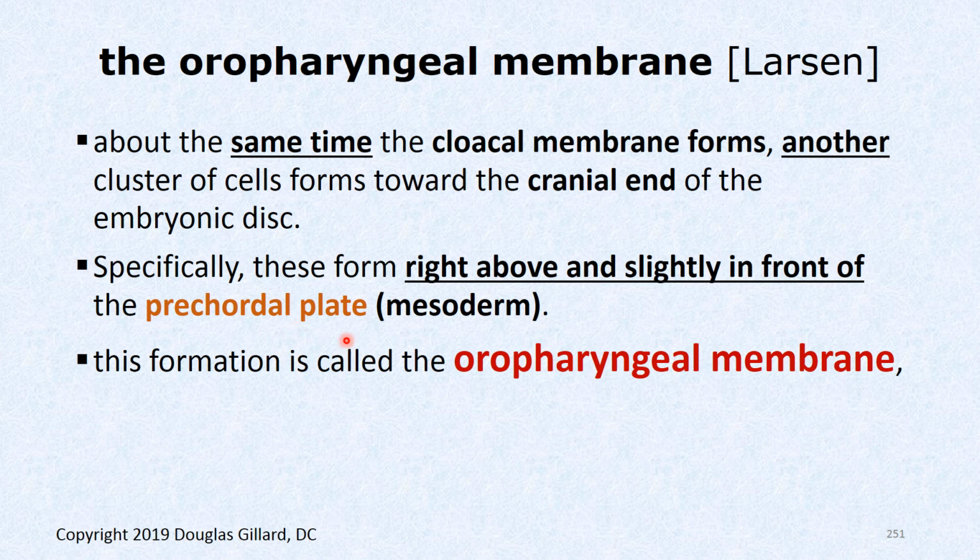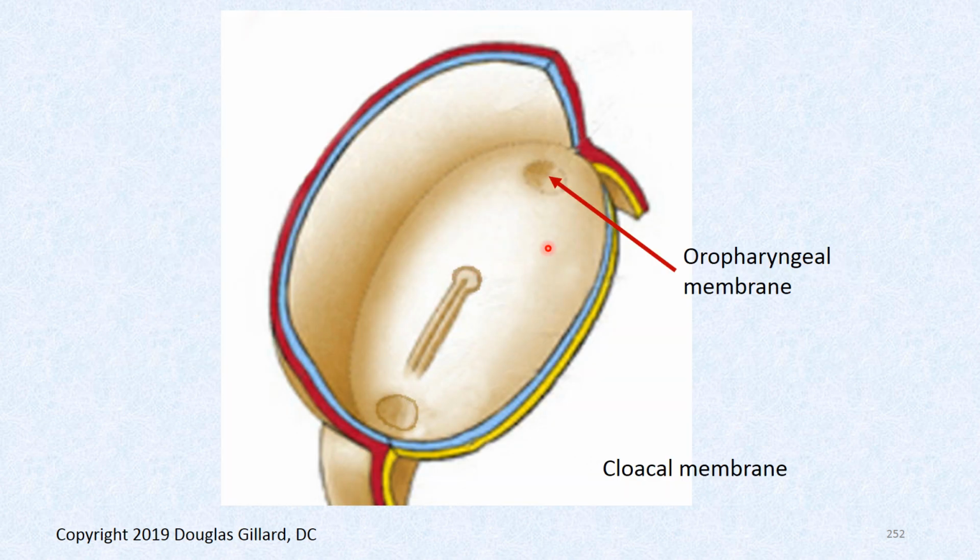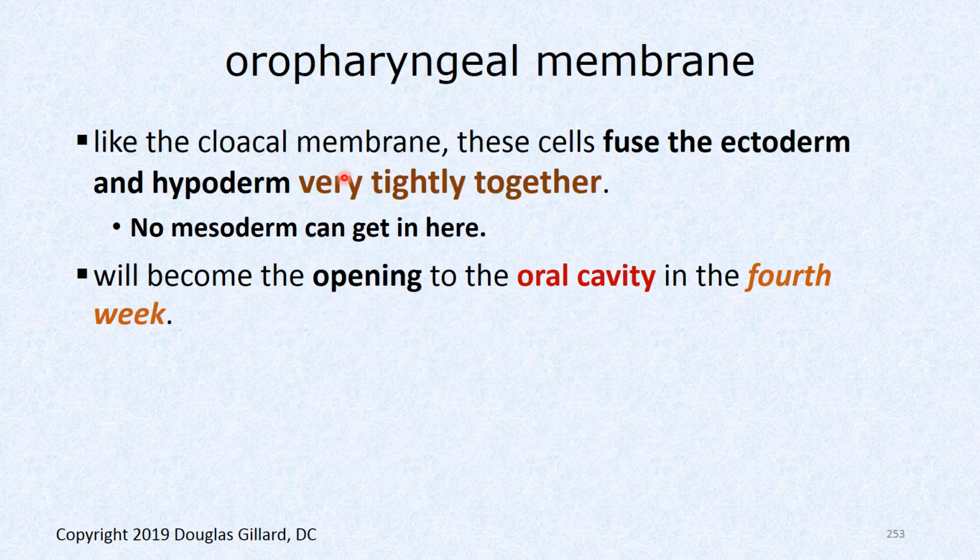That's called the oropharyngeal membrane. Take a wild guess what that's going to become. That's going to become the opening to the mouth eventually. Like the cloacal membrane, these cells fuse together very tightly. No mesoderm can get in there, so it's a bilaminar disc in that region. It will become the opening for the oral cavity about week number 4.